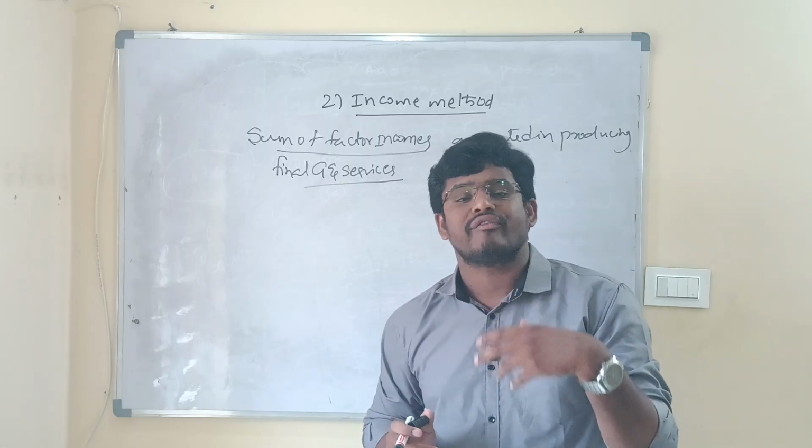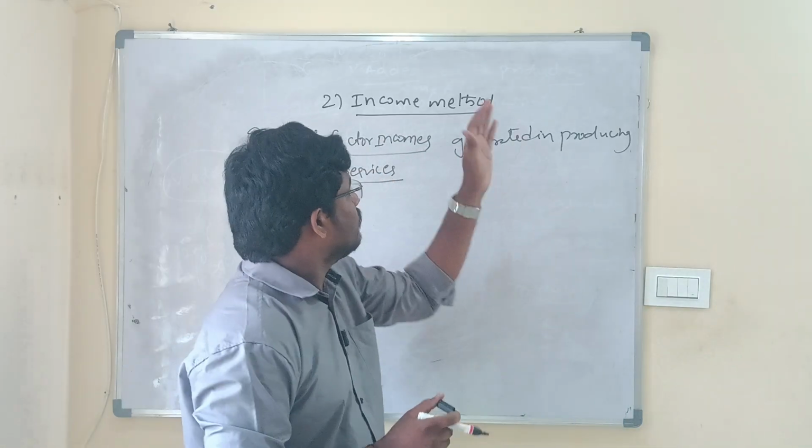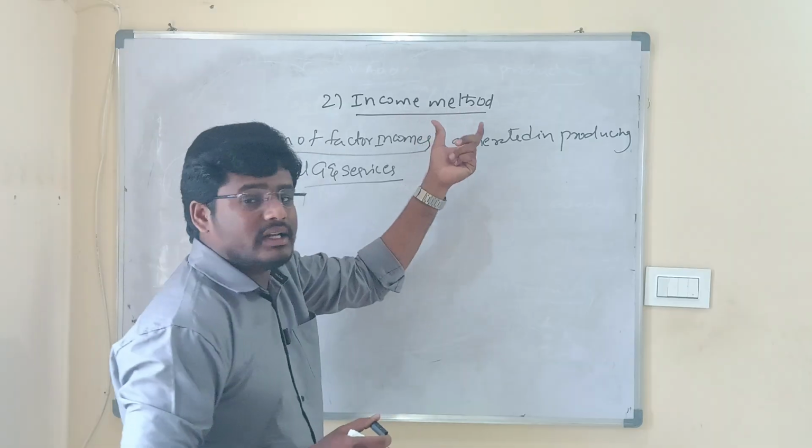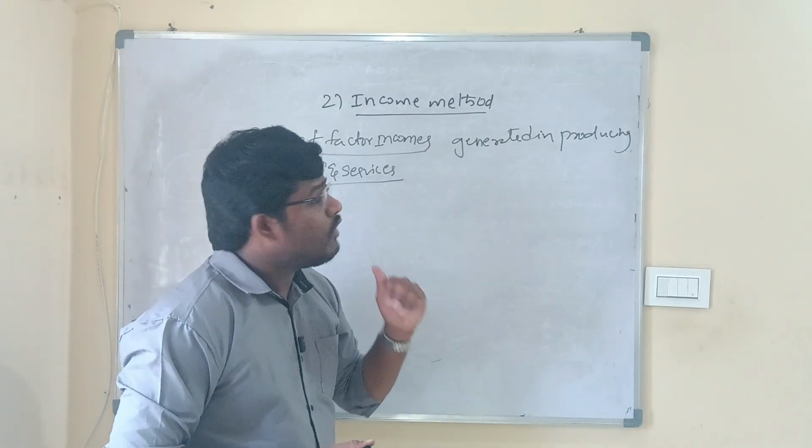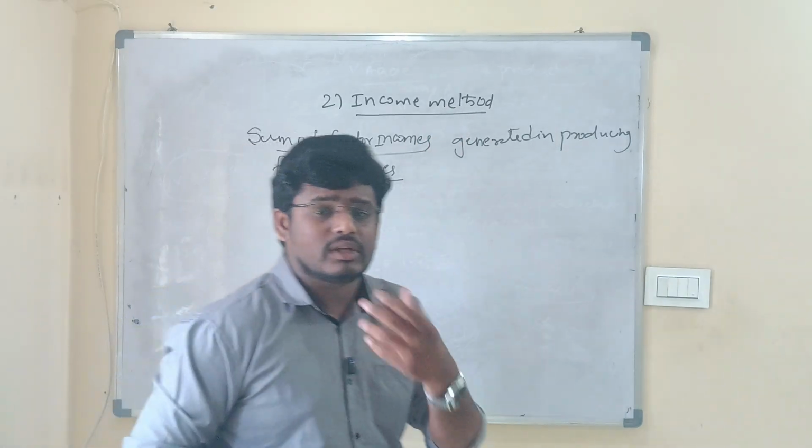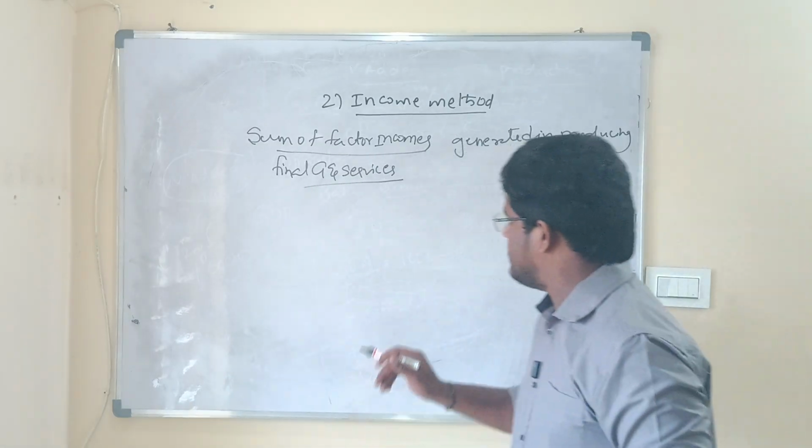If we add all the factor incomes, then we are going to get the GDP, and this method is referred to as the income method. Now to understand this method, let us recall the circular flow of incomes and expenditures.